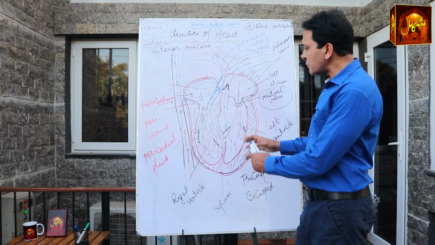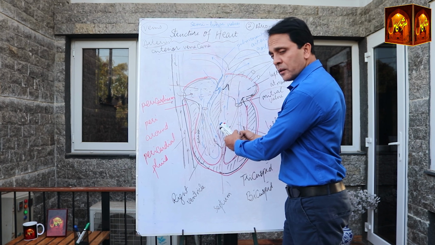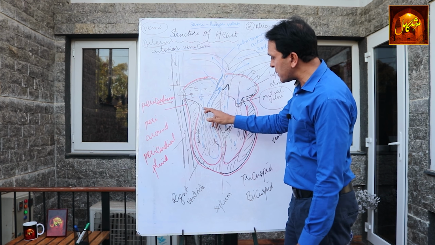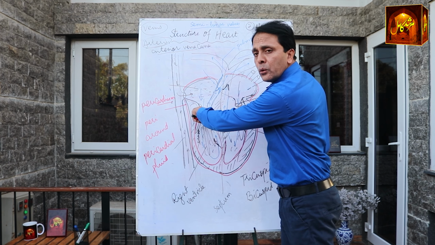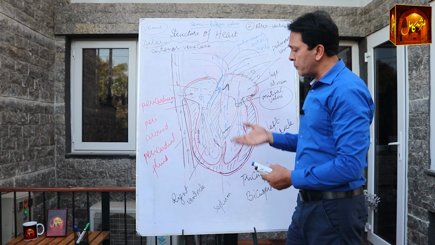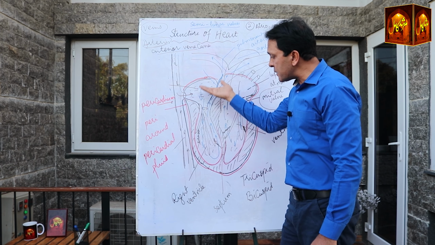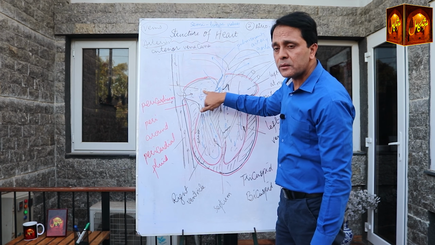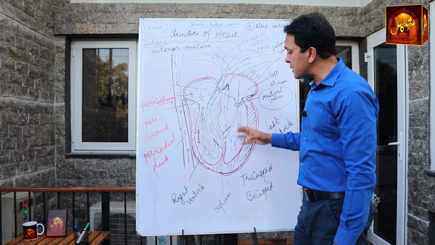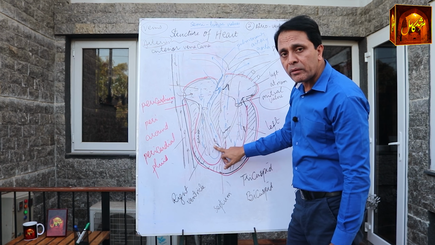Then when the ventricles contract, these 2 atrioventricular valves readily close. Why do they get closed? Because to minimize the backflow of blood towards the atrium again, and to increase the pressure inside the ventricles.